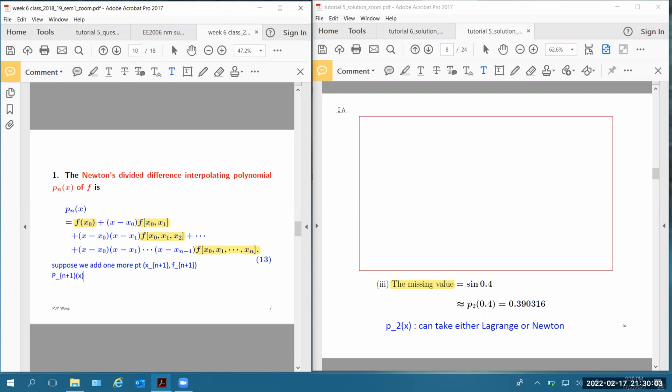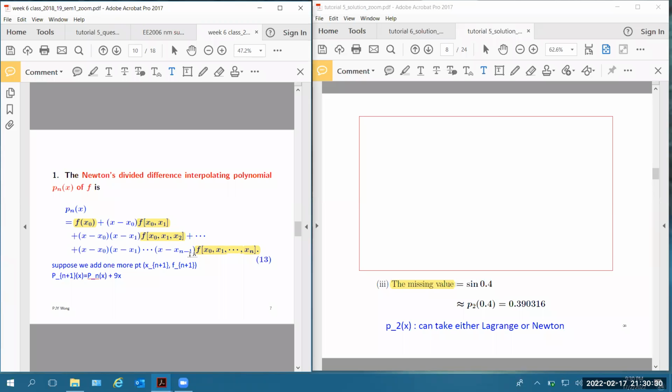If you look at Newton's formula, this one is your Pn(x), right? You can see that it is actually the same one. All these terms will still be the same. So basically, you can take the whole Pn(x), then you just add one more term, because now this is not the last term.